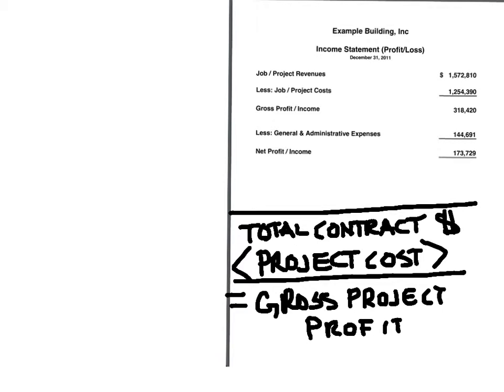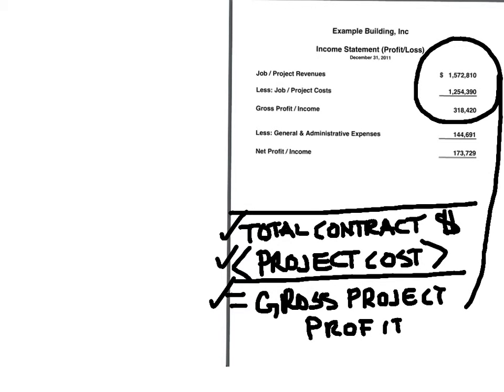So if we look at the simple formula that we reviewed earlier, total contract amount minus the project cost equals the gross project profit, you will see that it looks very similar to this section of the income statement. Assuming that you collect all of the dollars that are due to you as a contractor up to your contract amount, then the total contract amount would begin to equal the job revenues for a given period.